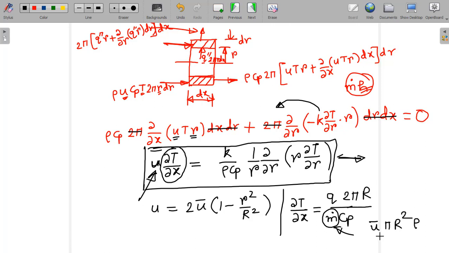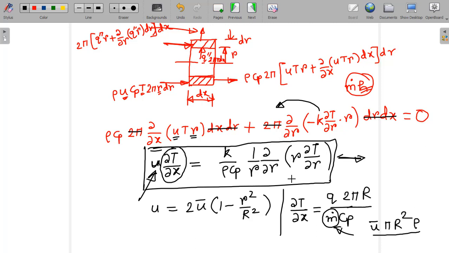Then you put this expression of u and del T del x in the left hand side. You will find that u bar is going to cancel, and if you integrate twice you will easily find out the value of temperature.